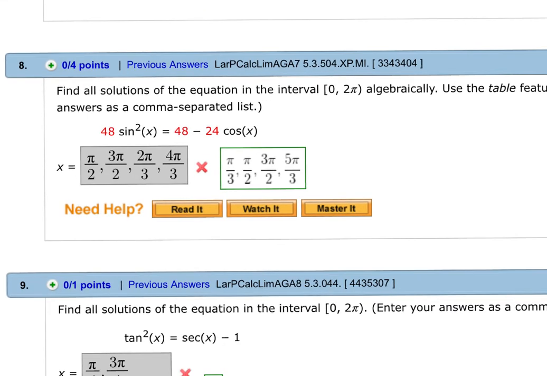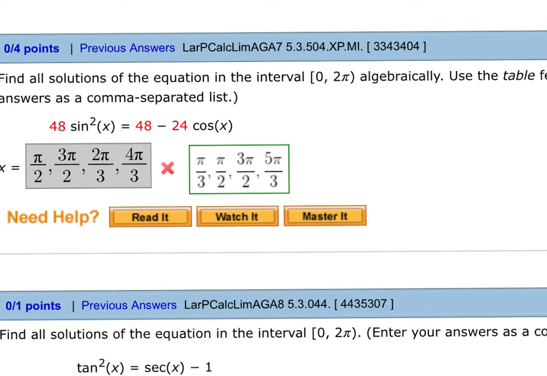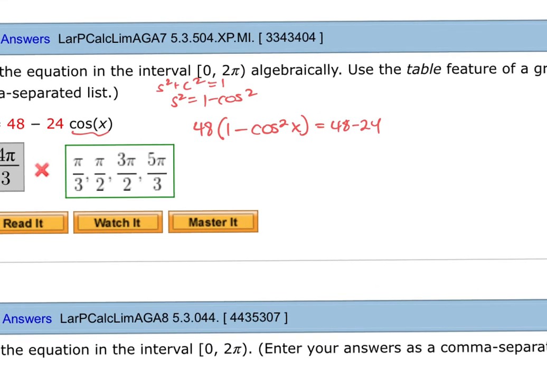All right, 8. So the red numbers obviously changed. This one you had to replace. There's a sine and there's a cosine, but the sine is the one that's squared. That's the one that we can replace. Sine squared plus cosine squared equals 1. So sine squared can get replaced with 1 minus cosine squared. So I would have 48 times 1 minus cosine squared x equals 48 minus 24 cosine x.